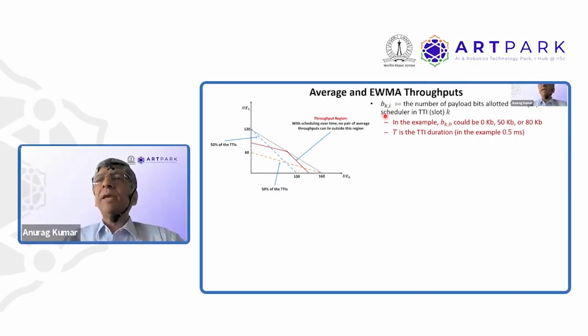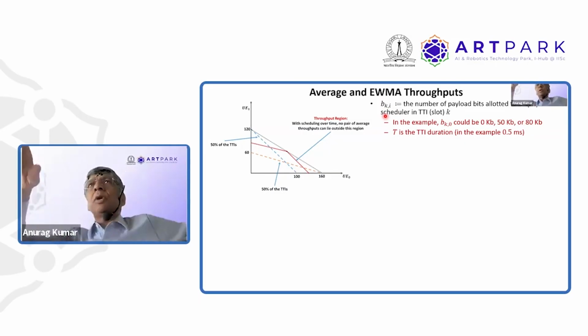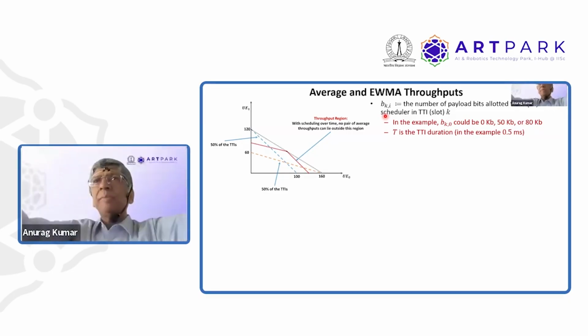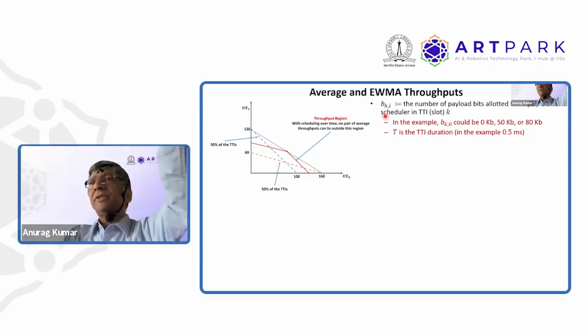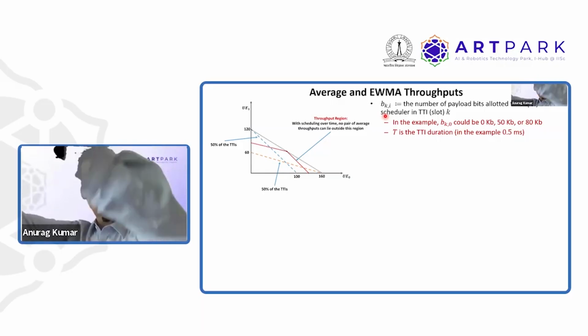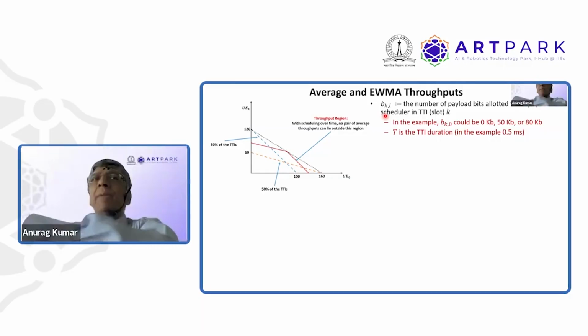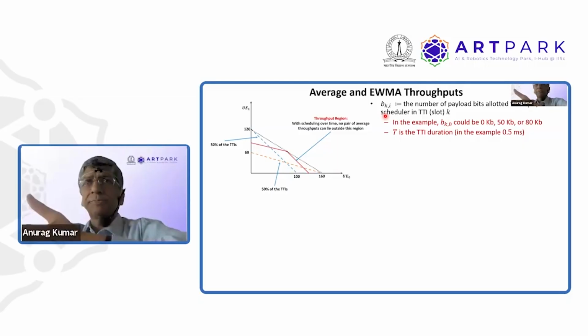So what I'm doing is I'm filling up that OFDMA grid. In the OFDMA grid, I may have given, let us say, 10,000 bits to user 1. Then in the next slot, I gave 20,000 bits to user 0. And in the third slot, I gave 15,000 bits back to user 1, and so on and so forth.